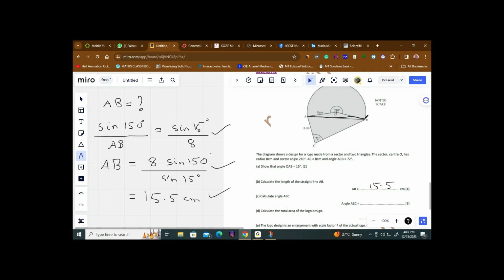A, B, and this is. So guys, you need to calculate this angle here. This is the one that I need to find out. I've just found that my AB is 15.5.